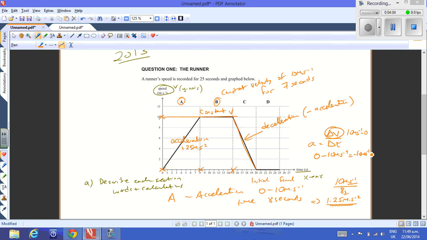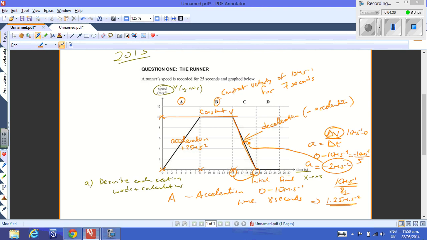So you drop from 10 meters per second down to 0, and that's over a time frame of 5 seconds, from 20 to 5, so that's over a 5-second time frame. So your acceleration works out to be minus 2 meters per second squared for section C. So section C has a negative acceleration, also known as deceleration, of minus 2 meters per second squared.